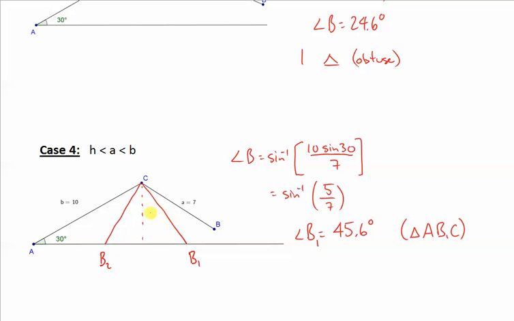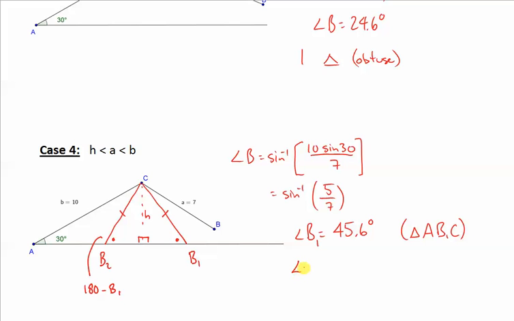Now, what we get, because that's the altitude there, and this is the same length as this, is we have a little imaginary isosceles triangle, and this angle here equals this angle here. So this angle is the supplement of angle B1.